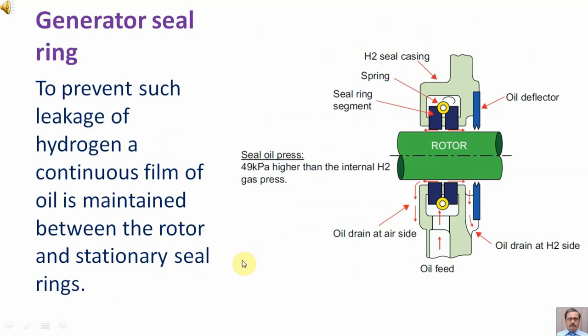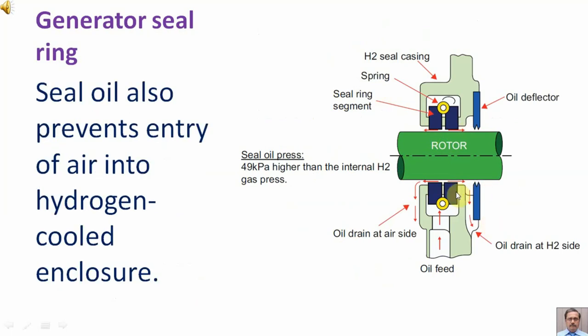To prevent such leakage of hydrogen, a continuous film of oil is maintained between the rotor and stationary seal rings. Seal oil also prevents entry of air into hydrogen-cooled enclosure.